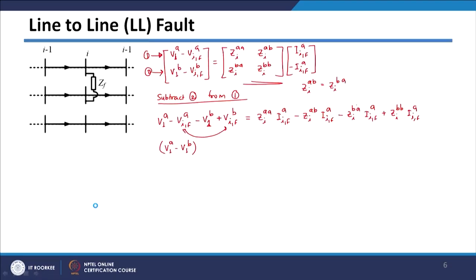So from this we can easily write this subtraction is nothing but minus ZF into the fault current in A phase. So this minus this will give you ZF multiplied by the fault current in A phase, and in this case we can take this fault current common out, and applying this condition it will be ZIAA.